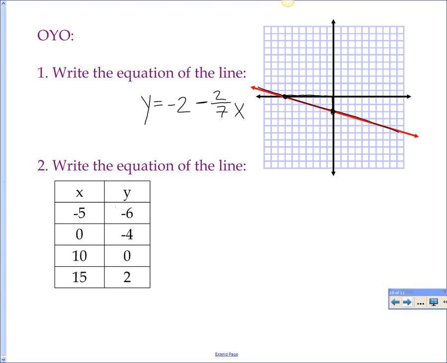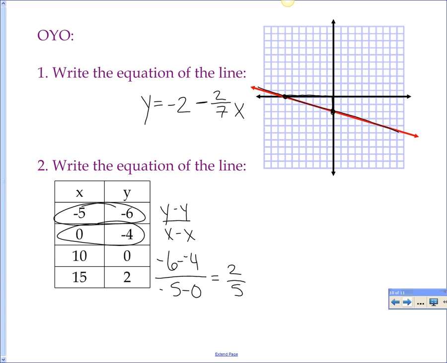All right, for this one, y minus y over x minus x, -6 minus -4, over -5 minus 0, gives you 2 over 5. That's your m. So you do y equals mx plus b. We're going to let y be -6.